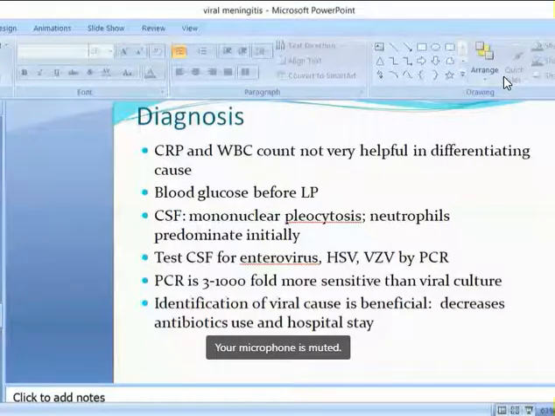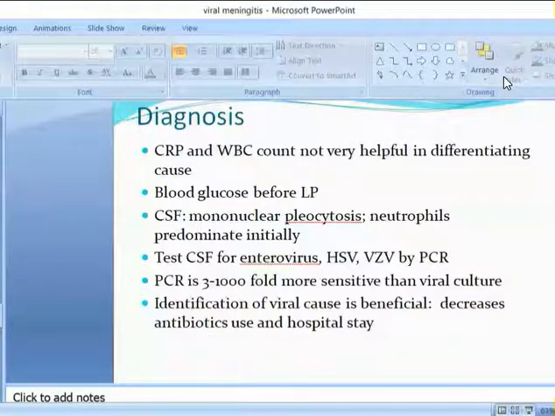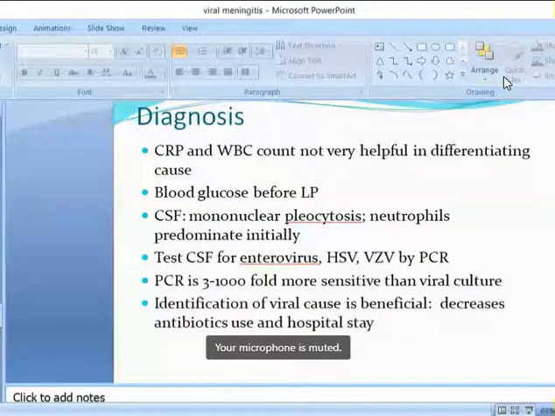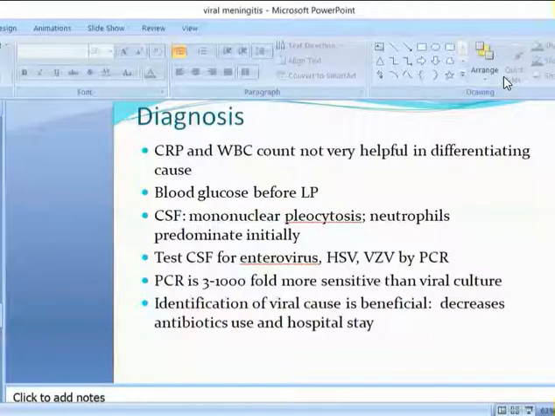And I told you that most of the viral meningitis cases are self-limiting. We don't have specific antiviral drugs to treat, but identification of the viral cause is useful. Why? Because it will decrease the unnecessary use of antibiotics and the hospital stay.